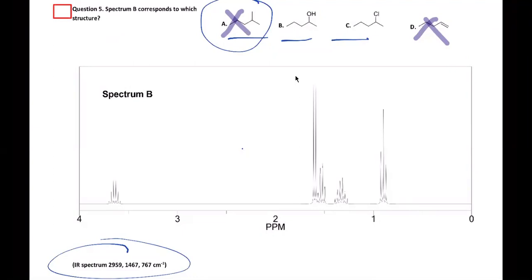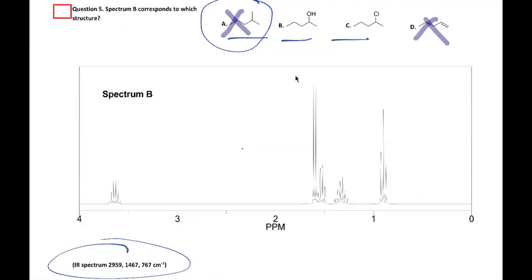Do you see how you can put the two pieces of data together to come up with a solution? The infrared is going to tell you what functional groups are present. The 2959, that's alkyl stretching, right? The other stretches we just randomly pulled out.